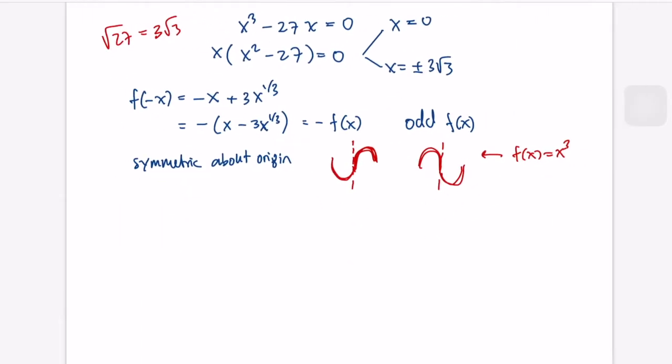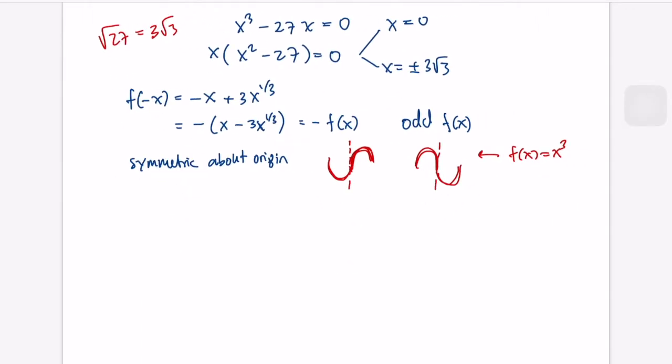Now the next thing we can check is whether there is any asymptote. If you check the function, let me write the function.